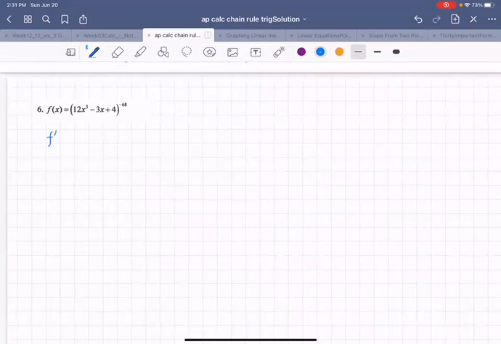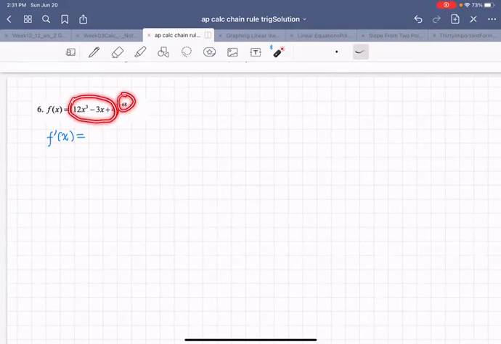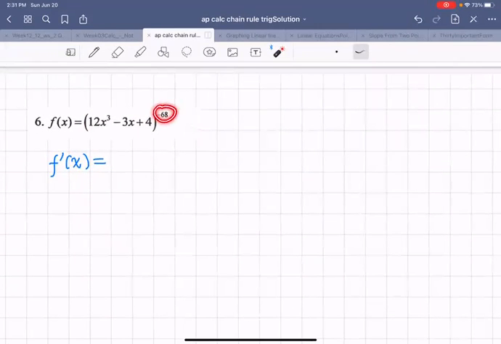Okay. Look, this is using the chain rule. The outer layer is that guy, right? So we copy down -68 in front.